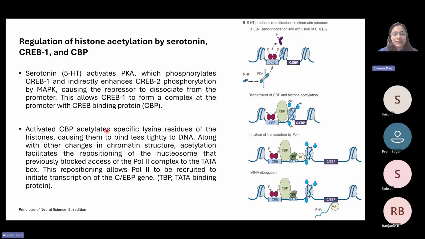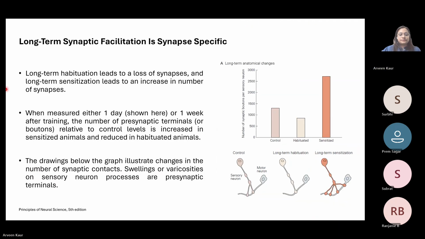Then activated CBP acetylates specific lysine residues of the histones, causing them to bind less tightly to DNA. Along with other changes in the chromatin structure, acetylation facilitates the repositioning of the nucleosome that previously blocked access of the Pol2 complex to the TATA box. This repositioning allows Pol2 to be recruited to initiate transcription of the C/EBP gene, right?